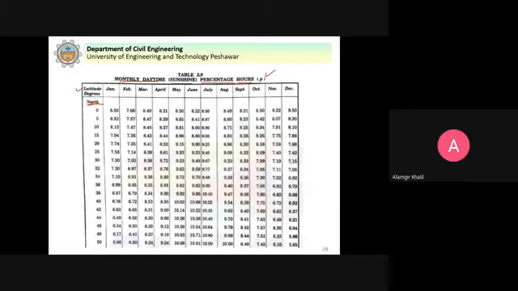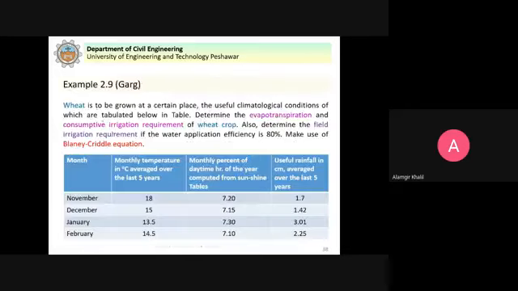For this location, for all the months, you can see from January to December, this is how the P value, monthly daytime sunshine percentage hours, is given. So we can pick the value from here and put it in the Blaney-Criddle equation to estimate the consumptive use for the crops. Let us solve a problem on this.